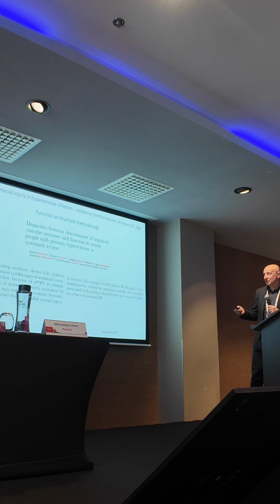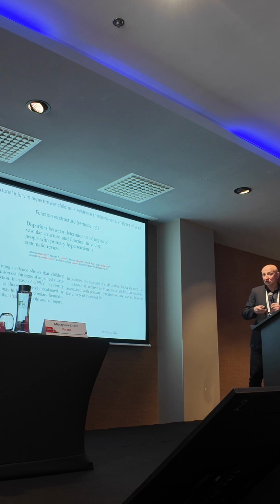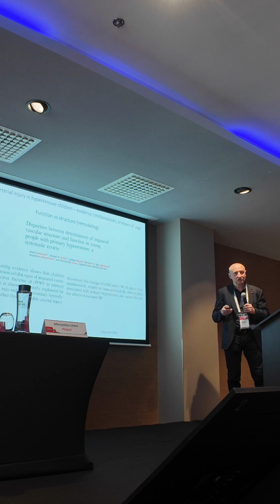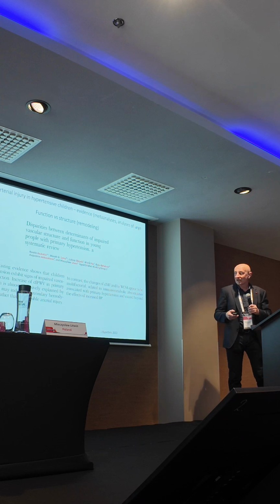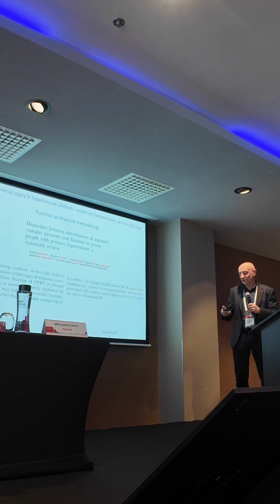First of all, intima-media thickness is related not only to elevated blood pressure, but especially to all this metabolic soup in children with primary hypertension. On the contrary, pulse wave velocity is strictly related to actual blood pressure.